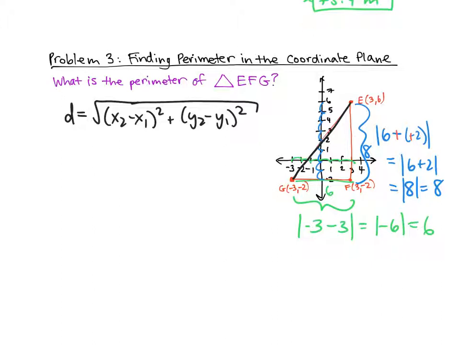So let's call this x1 and y1, and let's call this x2 and y2, so we can plug them in nicely. My x2 is 3, my x1 is -3, and my y2 is 6 minus my y1 is -2.